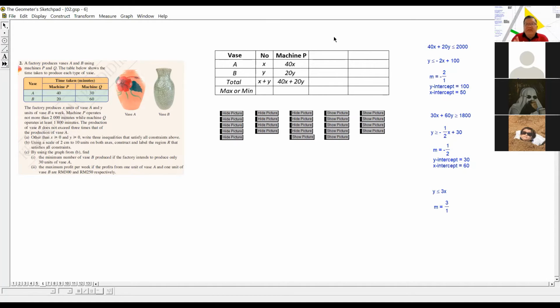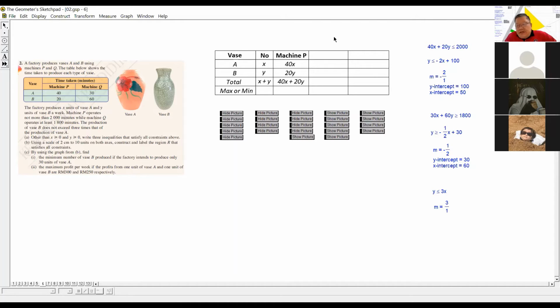The same machine P is used to produce vase B. Now one vase B needs 20 minutes to produce, right? But we have y vase B. So you have to take 20 times y, the total time needed to produce this vase B.